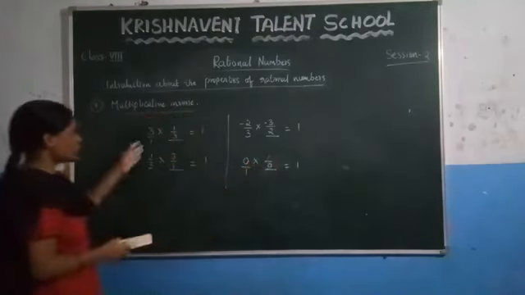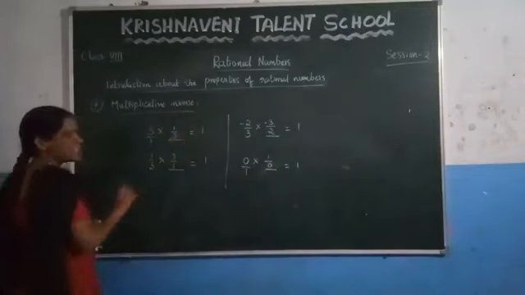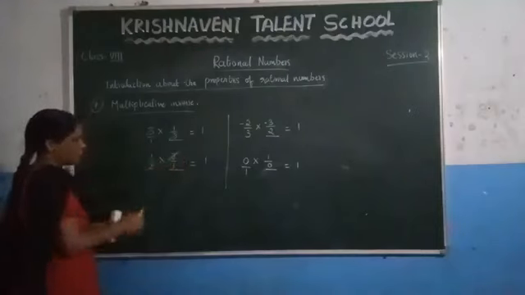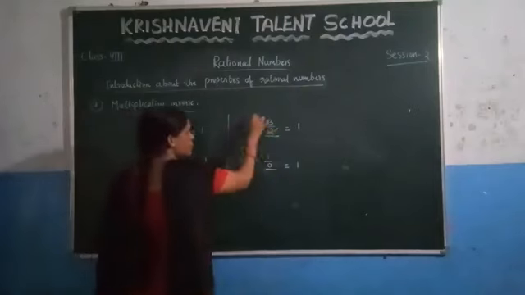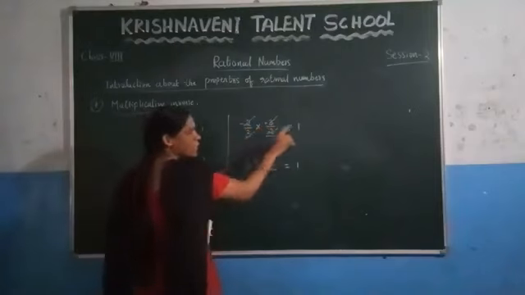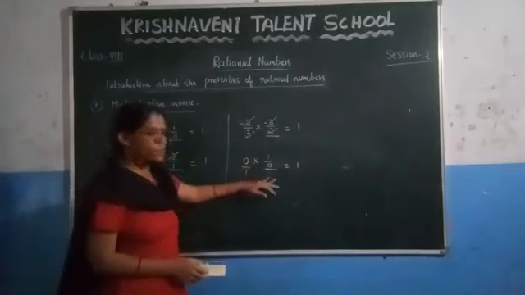Right? Now let us solve this here. After cancellation, what we are getting here is the result as 1. Here also, after solving, this 3 will get cancelled. You are getting the result as 1. Here, this 2 will get cancelled. 3 will get cancelled. And you know that minus into minus is plus. So you are getting here the result as 1. Now check for this one. Is it possible here?